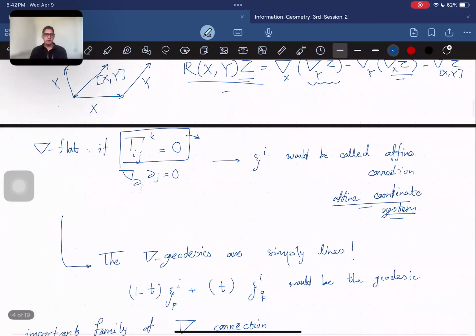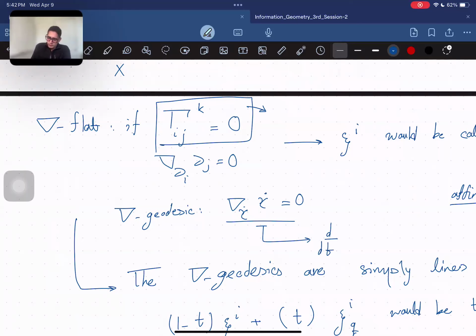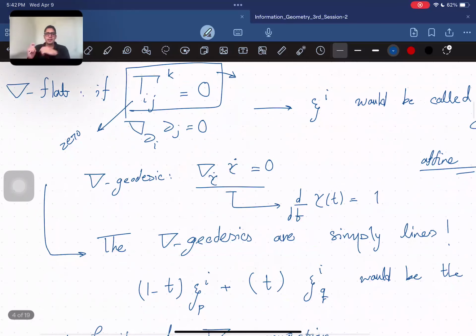What's so special about the affine coordinate system is that if we take a look at the geodesics, those curves that are auto-parallel to themselves, because now all of these are zero, this would mean that essentially the geodesic is simply a line.